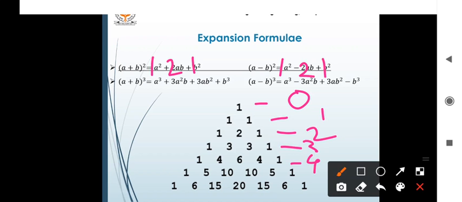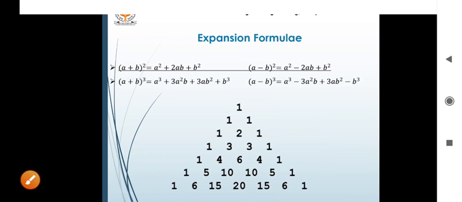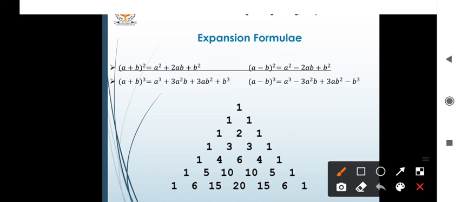Now the interesting thing is how to obtain these coefficients for higher degrees. See, in this triangle, these side elements are simply 1 and 1, and when you add these two, you will get 2. When you add these two, you will get this element. Same for here and same for the next higher degree terms.